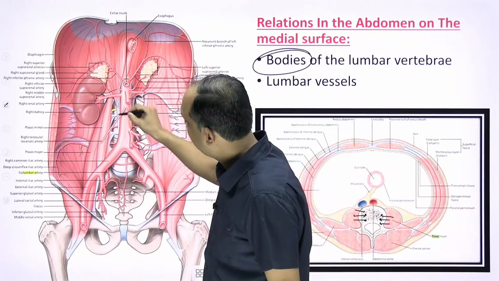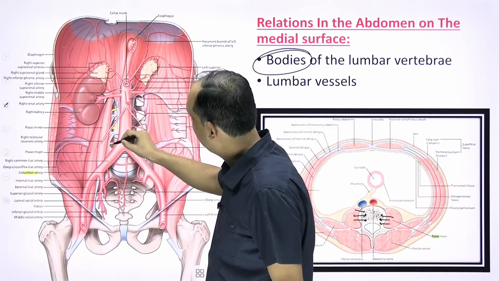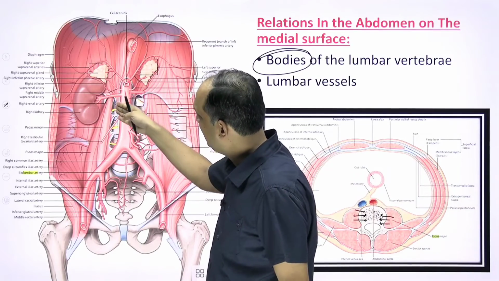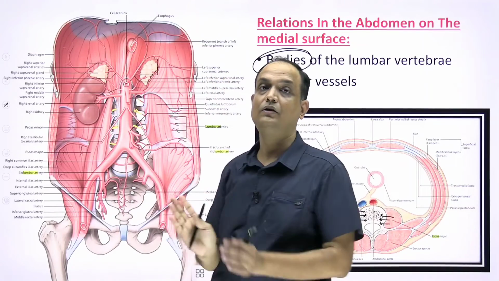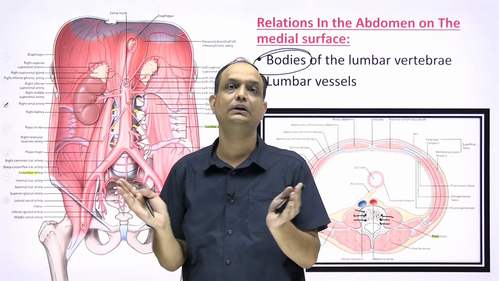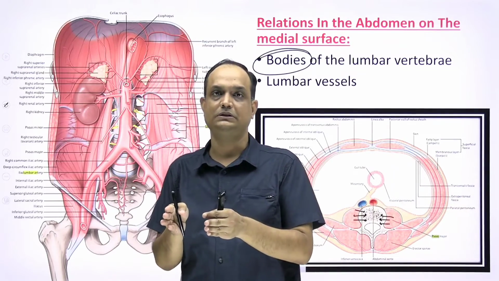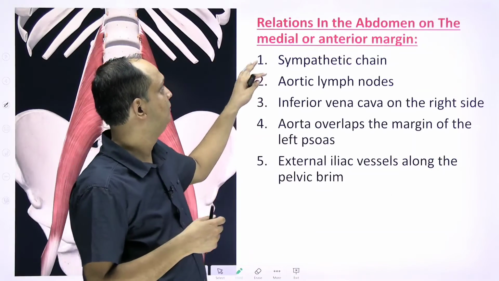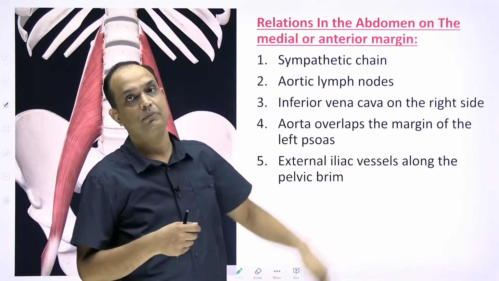These are the lumbar arteries, which are branches of your abdominal aorta. They run along or adjacent to your vertebral bodies, and they come in contact with the medial side of the psoas major. Clear?